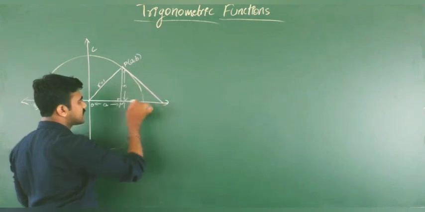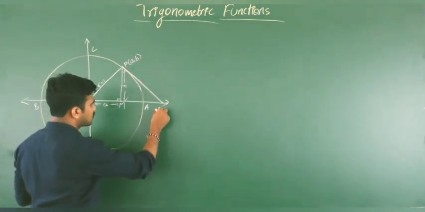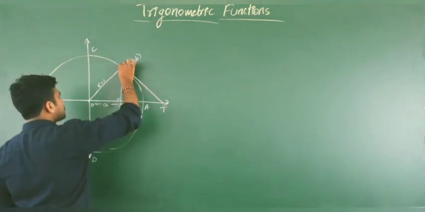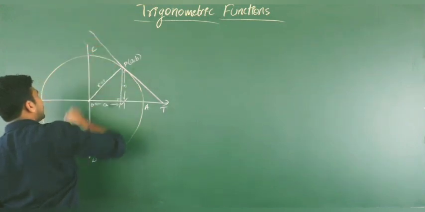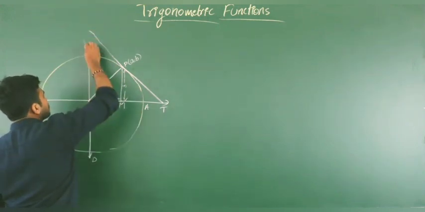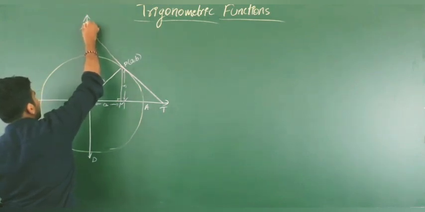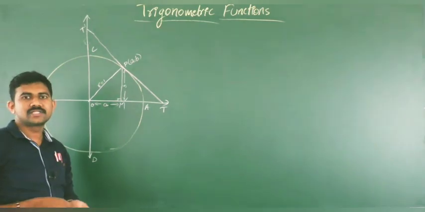So clearly this is a tangent. This I'll denote as T. So PT is a tangent, and here I'll produce the tangent to the y-axis. Produce means here we are extending. So this is also a tangent. So T dash I will consider. So PT and PT dash are the tangents we have.